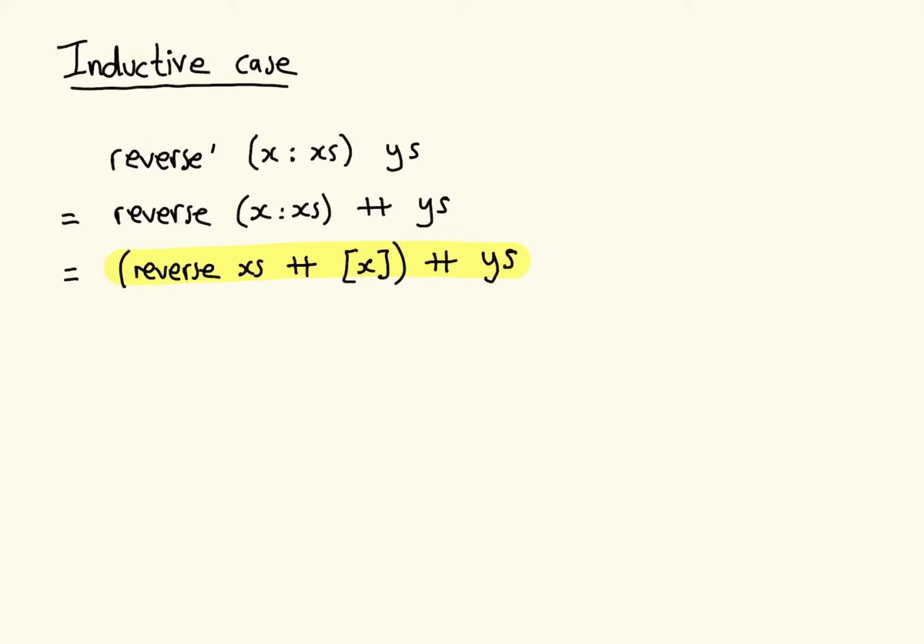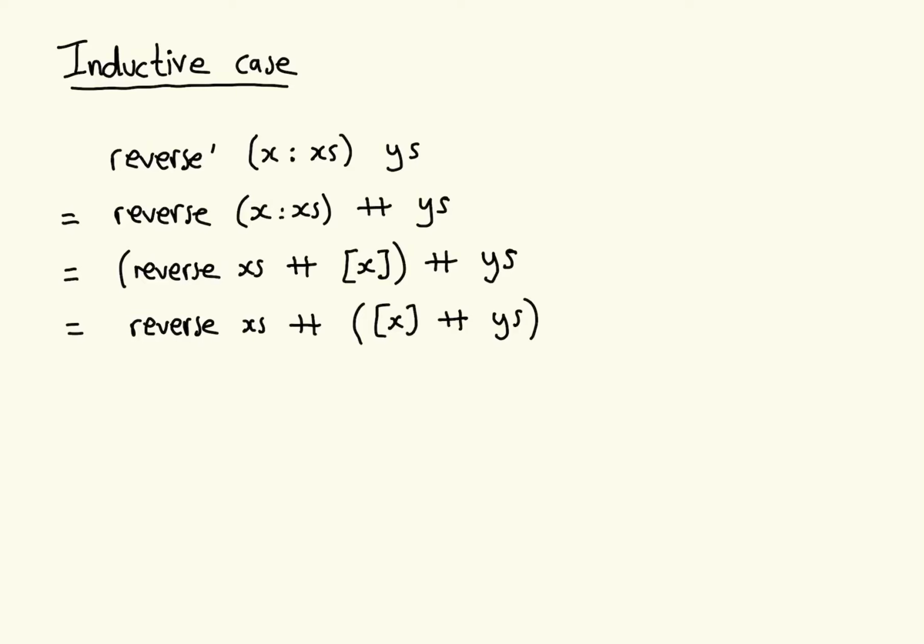So if you have three lists, x's, y's and z's, and you append them, it doesn't matter whether you bracket them to the left or to the right, you will get the same result. So let me re-bracket by exploiting the fact that append is associative. So I'll get reverse of x's, and then I'm going to bracket to the right this time around. So I'll get x sitting in a little list, appended with y's, and now I think, what can I do?